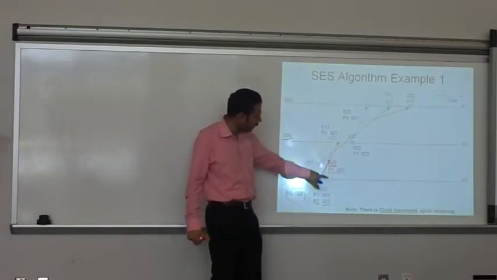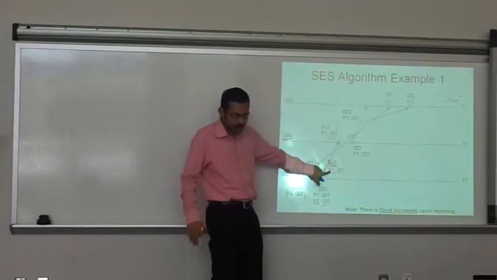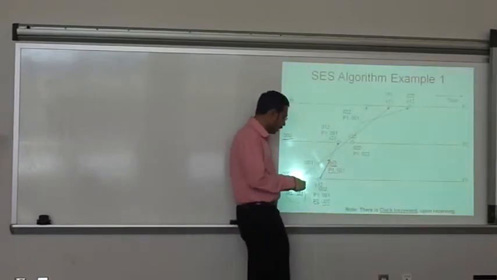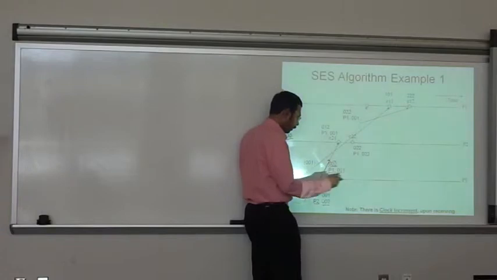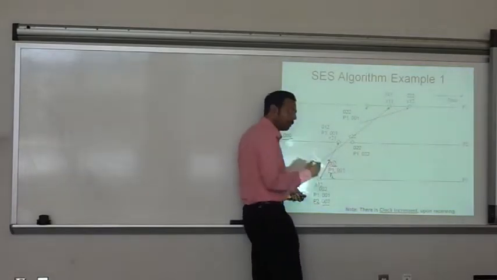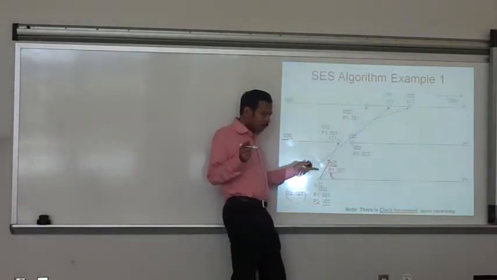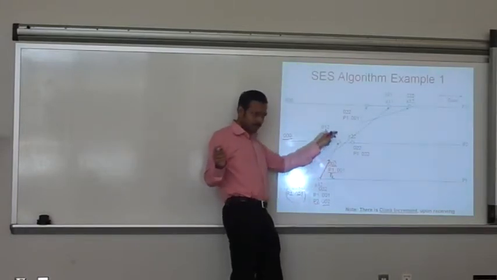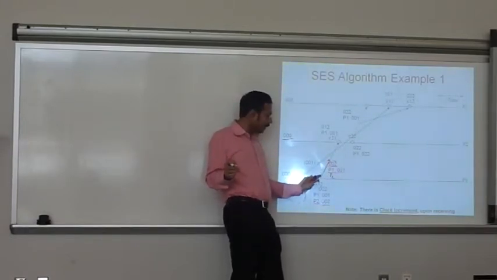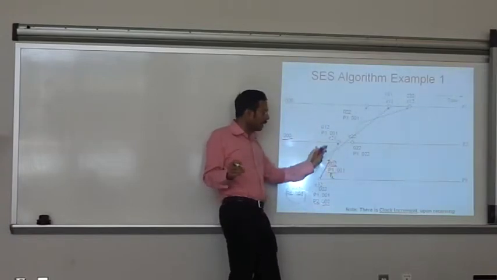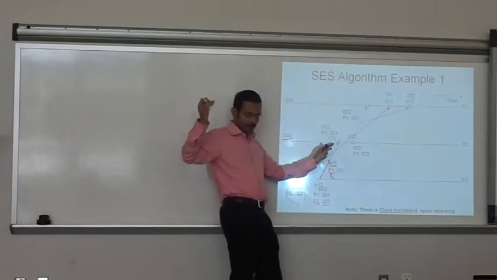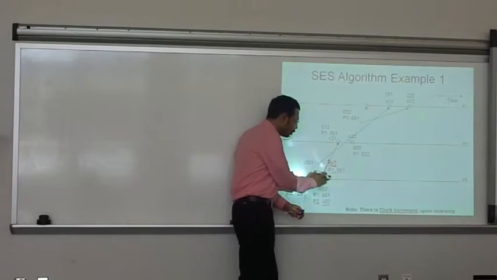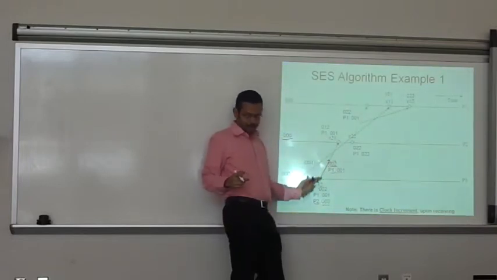So this indicates that somebody like P3 has sent a message to P1. But there's no entry here for P2. So when there's no entry for P2, what does it mean? P2 doesn't need to wait to receive messages from some other process before accepting this message. Only if there is an entry for P2 in this message does P2 have to wait to receive that message. But there's no such entry, so which means P2 can accept this message.